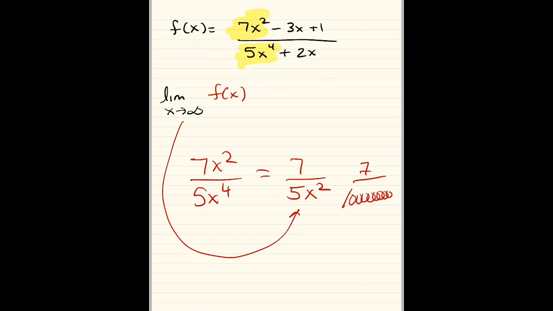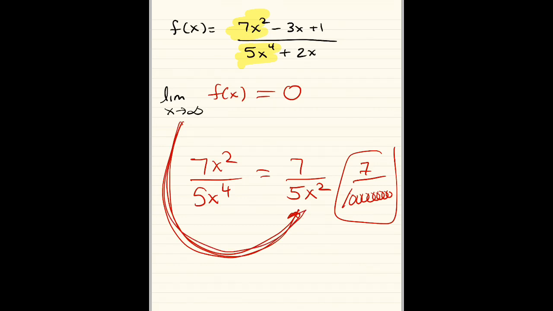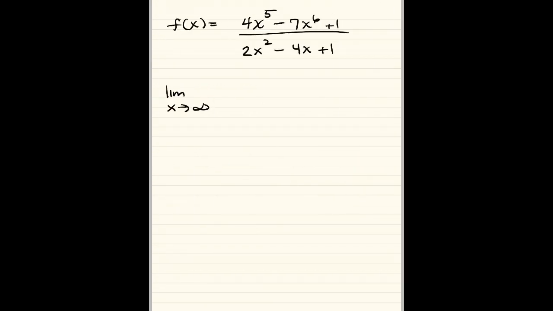If I give you $7 out of a trillion, I'm basically giving you nothing. So anytime you have an x squared in the denominator, or an x in the denominator, or x to the third in the denominator, anytime you have a letter left in the denominator, it's 0. Because 7 over a trillion is 0, okay? So that's what you do there. And you can also remember from the graph on the first page that 1 over x squared as x approaches infinity is 0.